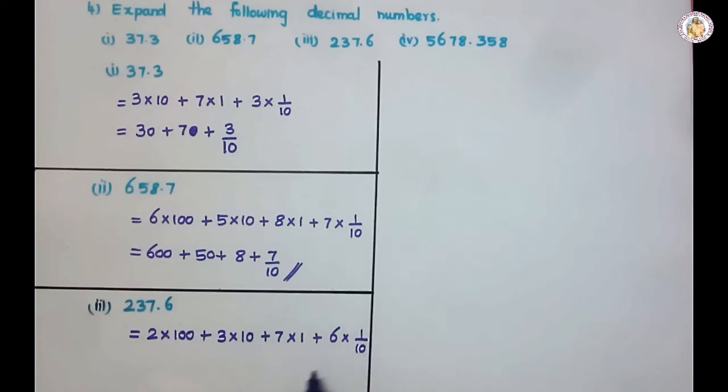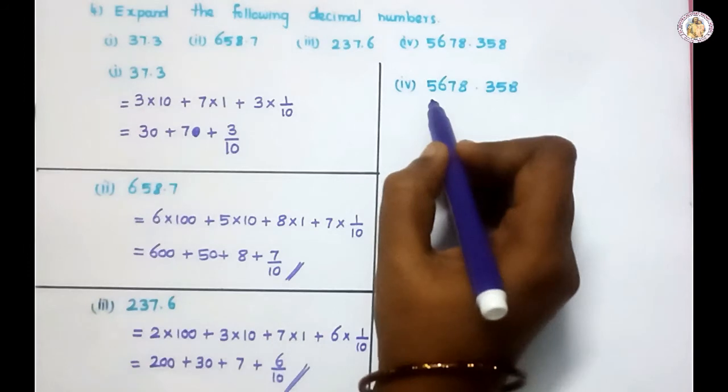That is 1 by 10. 2 into 100, 200 plus 30 plus 7 into 1, 7 plus 6 into 1 by 10, 6 by 10. That is the answer.